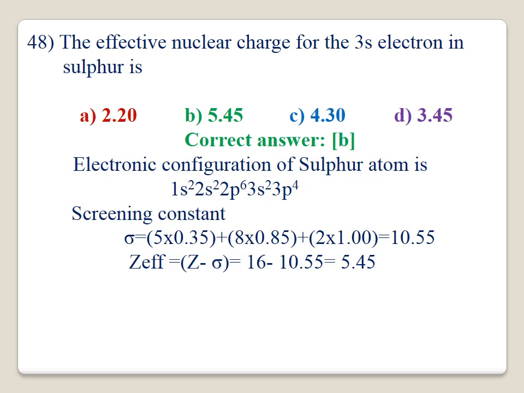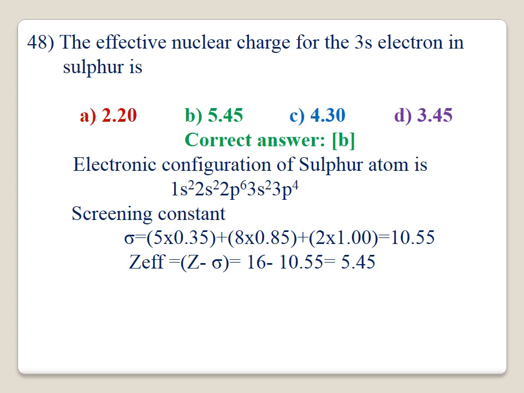48. The effective nuclear charge of the 3s electron in sulfur atom. The correct answer is B, 5.45. The electronic configuration of sulfur atom is 1s2, 2s2, 2p6, 3s2, 3p4. First you have to calculate the screening constant sigma.